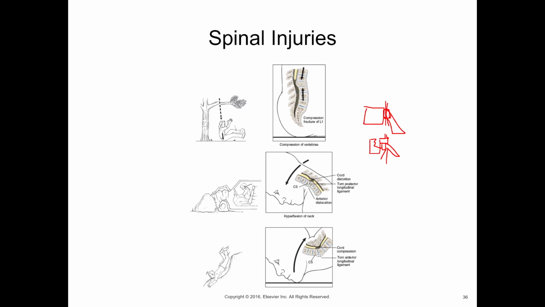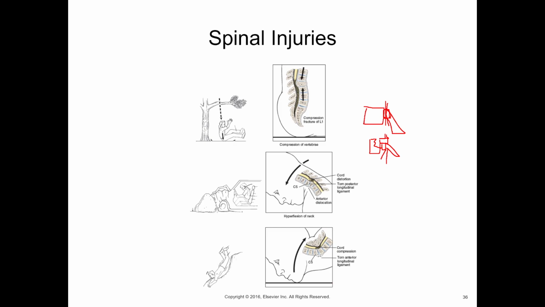You get a push back, called retropulsion. That can crush the spinal cord. You've now damaged it. There's no signaling, right? So we can see different types of mechanisms here that result in that. This is a hyperflexion injury, so it's typically going to be associated with something like a flexion teardrop fracture.